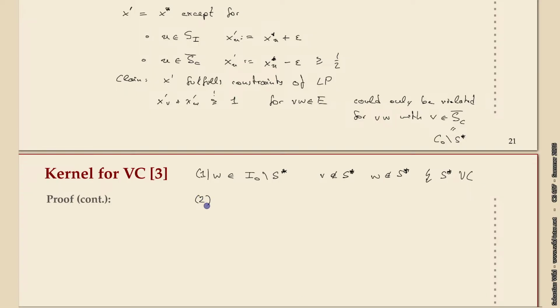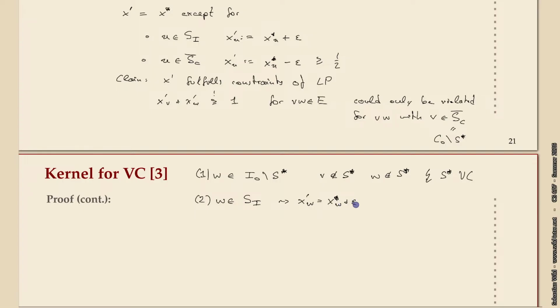What other options do we have? We could have that W is in SI. In this case, it's one of those where we increment the variable by epsilon. Right, so x prime W is x star W plus epsilon.